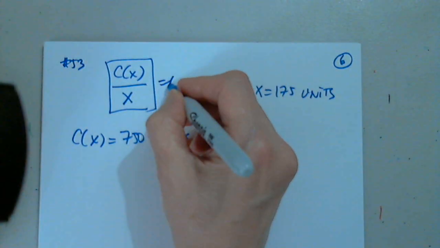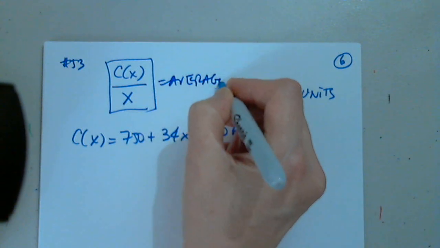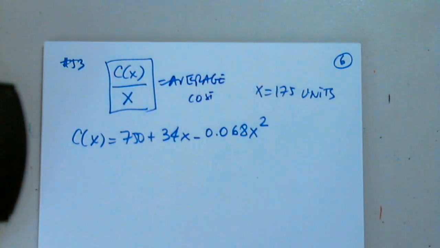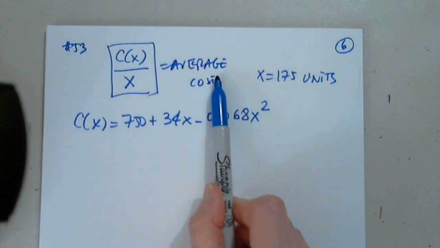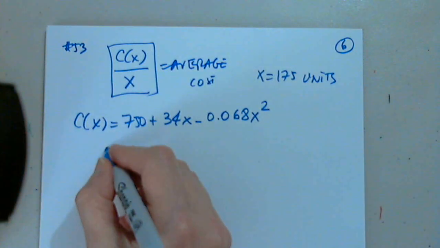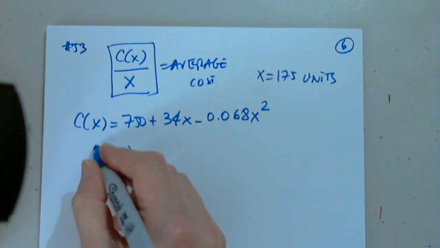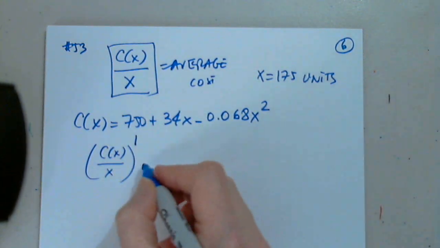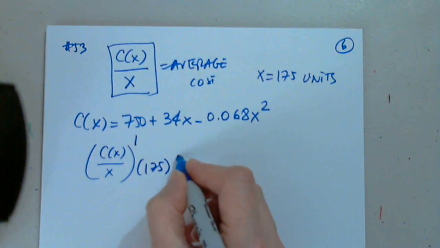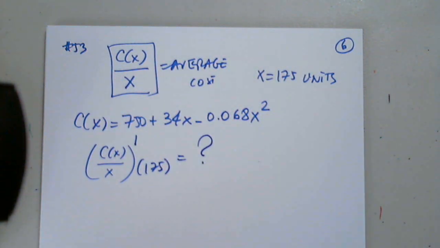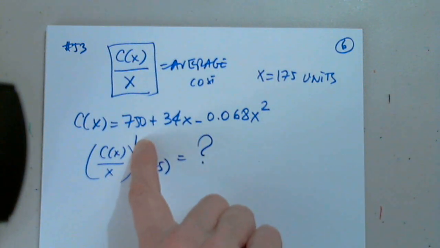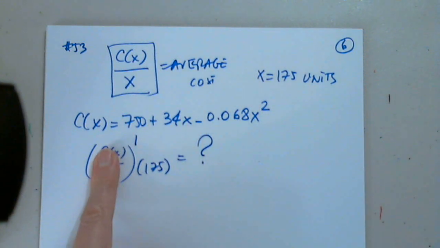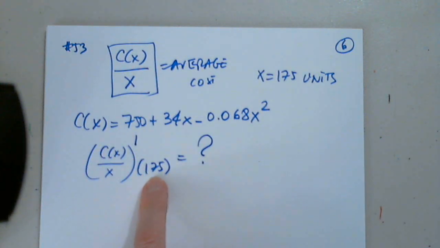So this is the average cost, but they want the rate of change of the average cost. So they want us to find C over X prime at 175. This is what they're asking us to find: the rate of change of the average cost when 175 are produced.